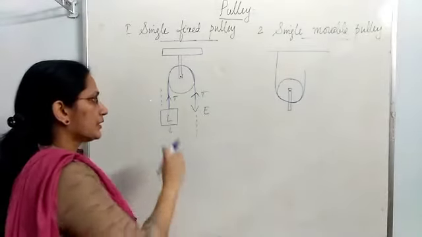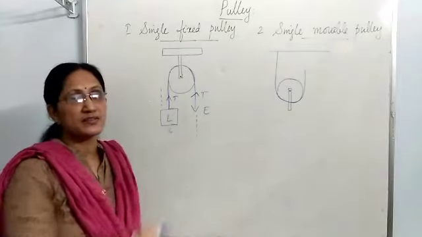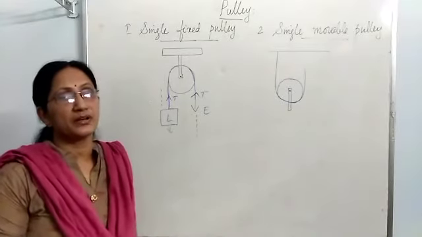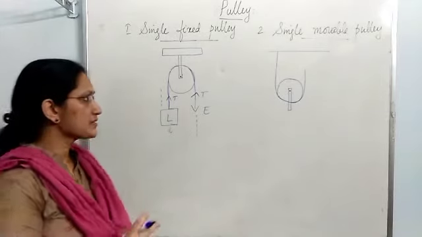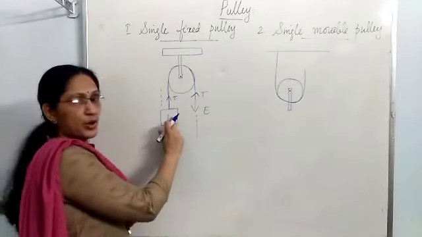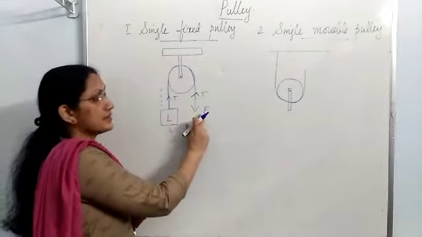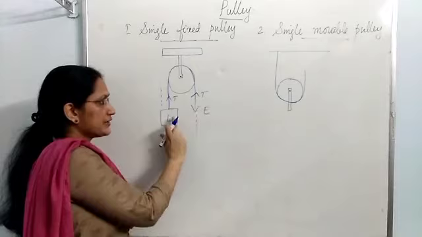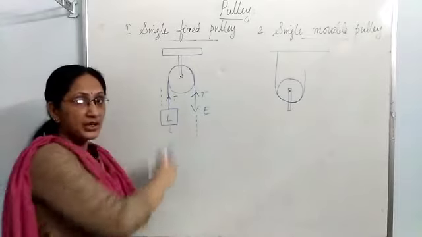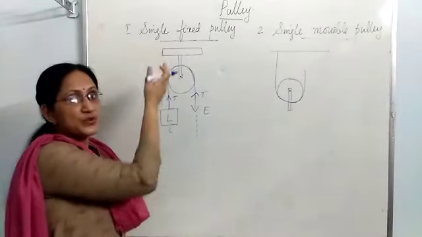Now consider this pulley system in equilibrium or balanced condition. That means you are hanging some load here and at the other end you are applying some effort so that this load is neither going downward nor upward.